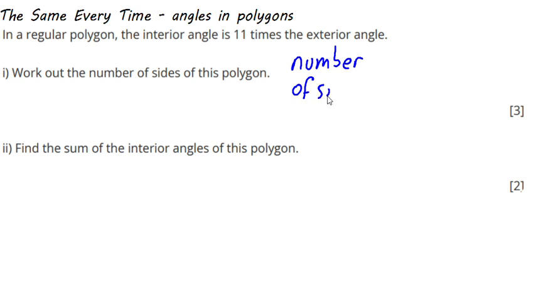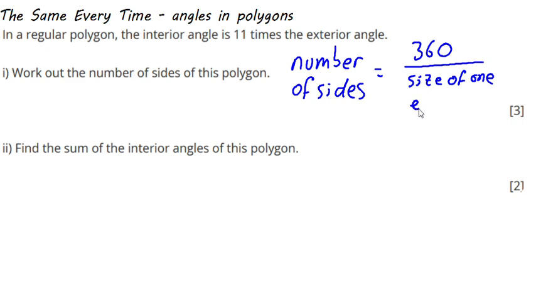The number of sides, this is for a regular polygon, is 360 divided by the size of one exterior angle. This is just a rearrangement of the formula that I just wrote down. The number of sides is 360 divided by the size of one exterior angle.